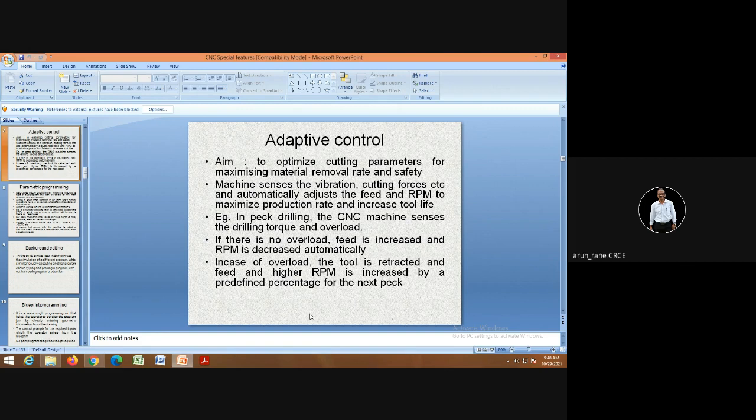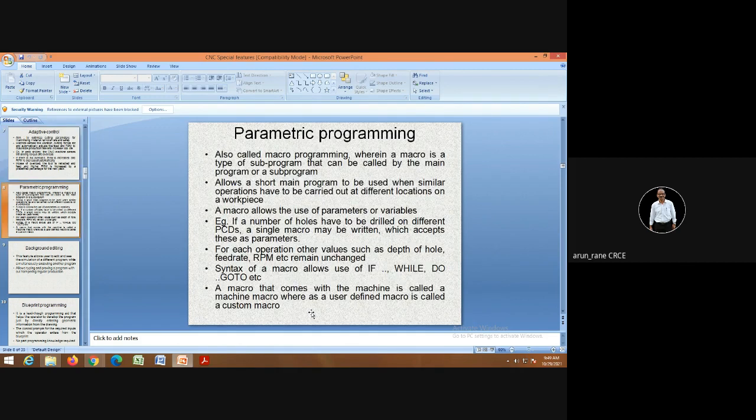Means if the material is hard, it will reduce the feed rate, or if the material is soft, it will increase the feed rate automatically. It will display the cutting force. If the force is more, it will give an alarm. And if the overloading is too much, it will stop the machine. That is what is called adaptive control.